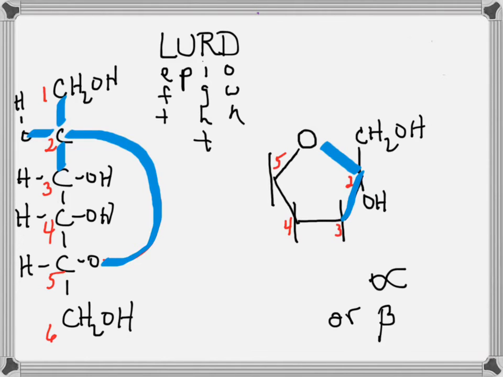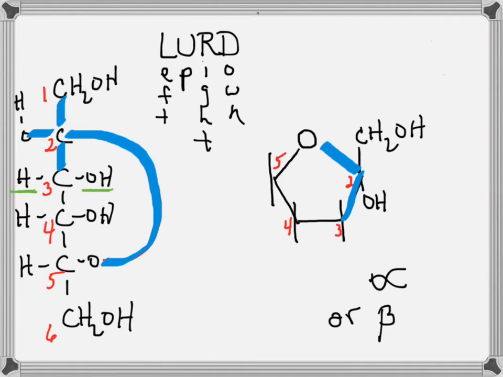So looking at carbon 3 in the straight chain structure, the OH group is on the right, the H is on the left. So the atom on the left goes up, because L in LURD, LU is left up.